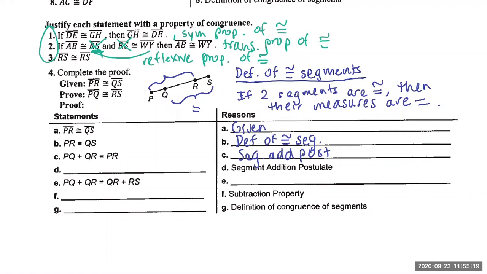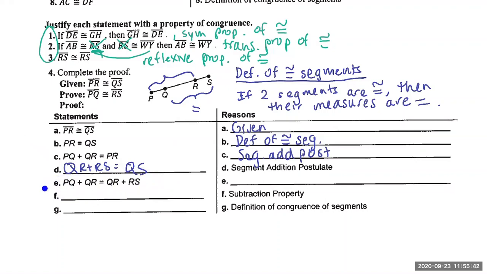So QR plus RS is equal to QS. Okay, and then that's by segment addition postulate. I now, again, different from algebra, I'm going to consider all the steps that I have above and see how I could possibly conclude PQ plus QR equals RS.